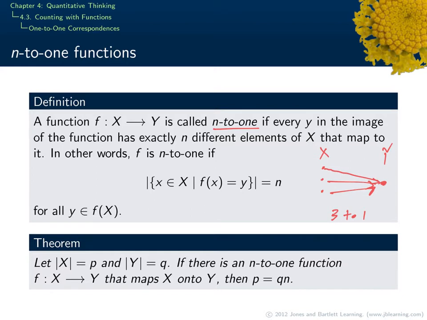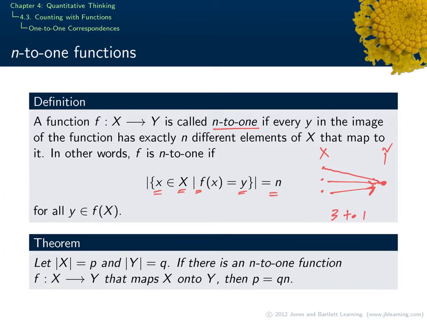All right, so again, f is n-to-1 if the collection of x's in capital X that give rise to y under this function has size equal to n. So n different things in X give rise to that element of Y.